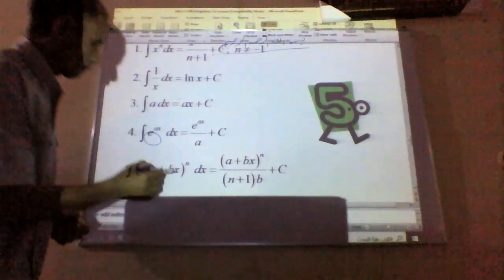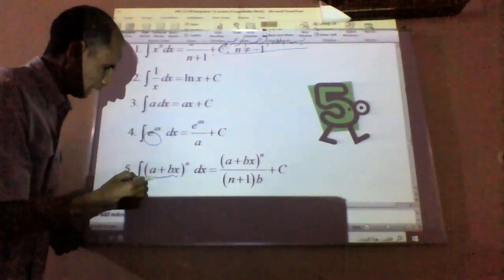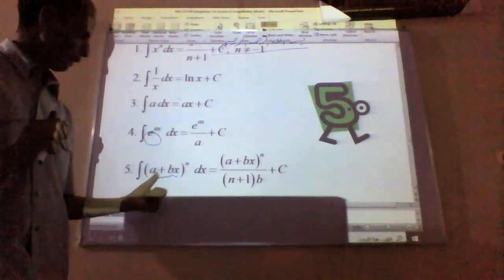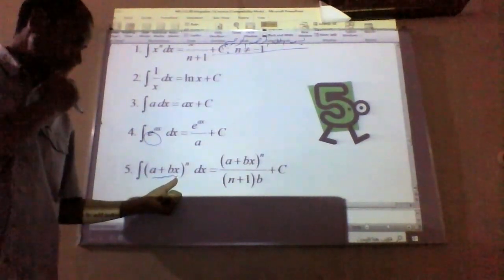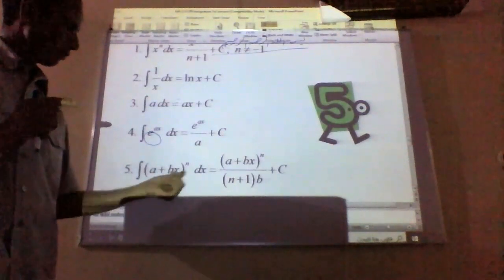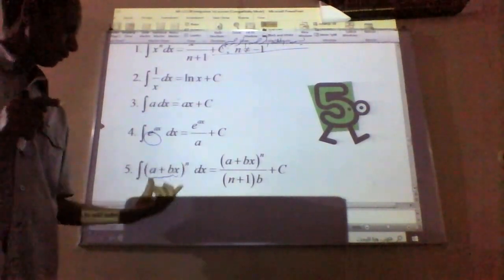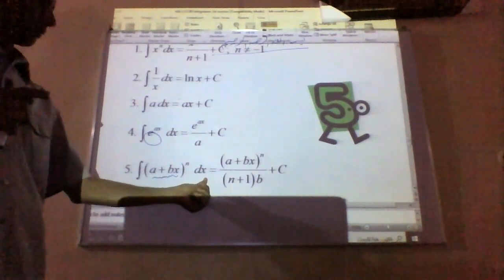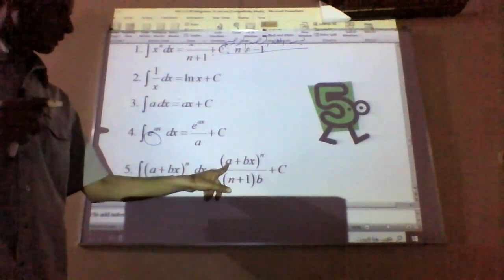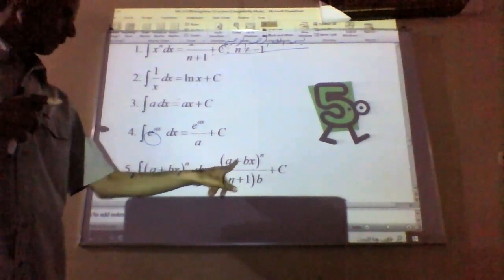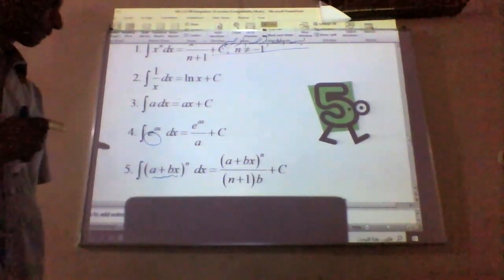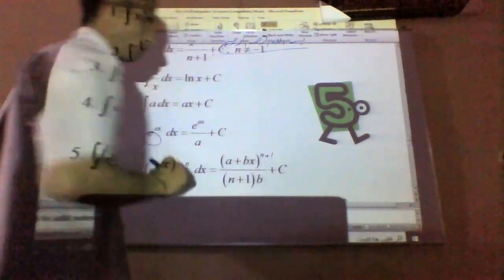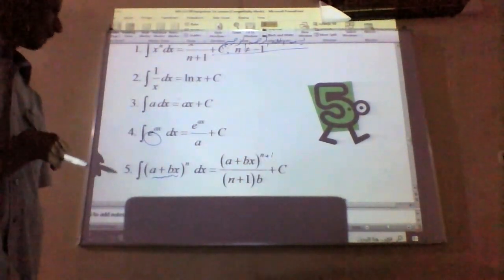If we have a first degree polynomial in the form of a plus bx, raised to the power n, and we want to integrate it with respect to x, the integral will be a plus bx itself, to the power n plus 1, over n plus 1.